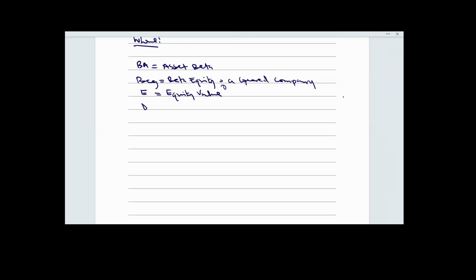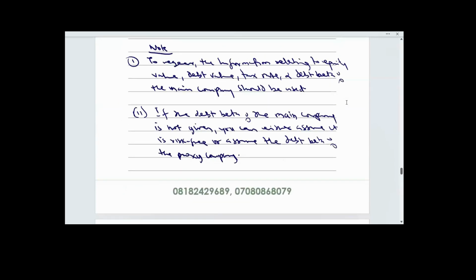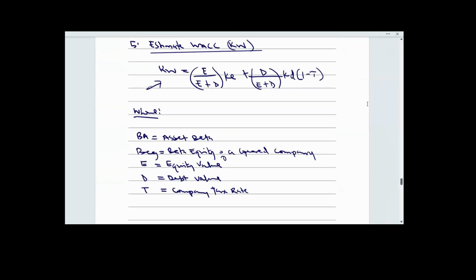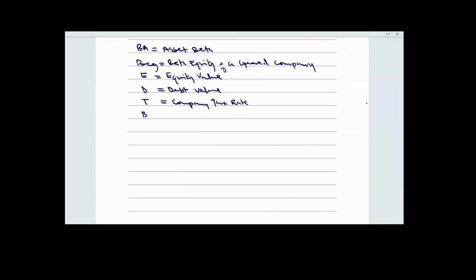Then we have D equal to debt value. We have T equal to company tax rates. From the formula, we also have BD. BD simply means debt beta.